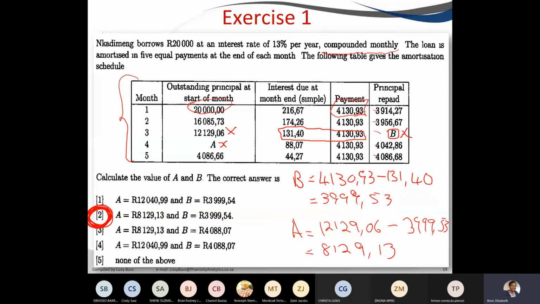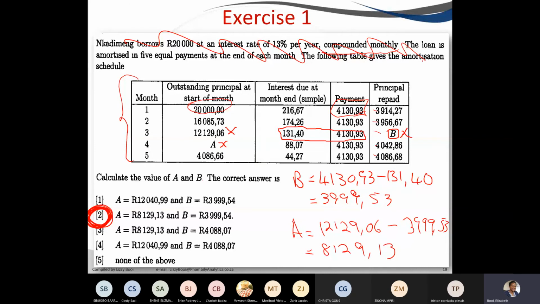So for the fact that they didn't give you all the information that completes this, in order for you to do this amortization, you cannot rely on the information that they gave you at the top. They should at least tell you for how long this loan is taken up.